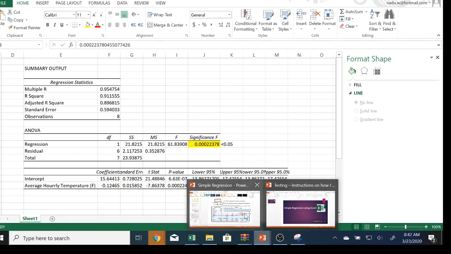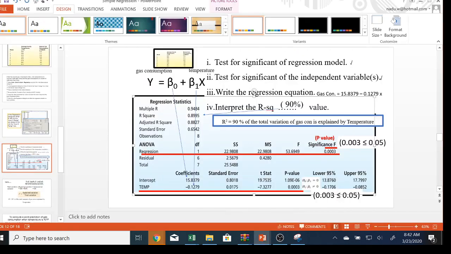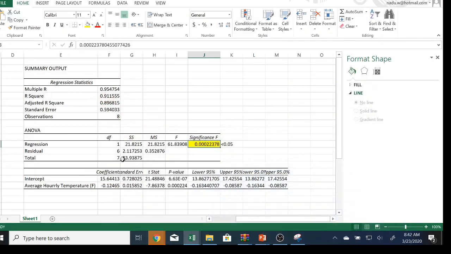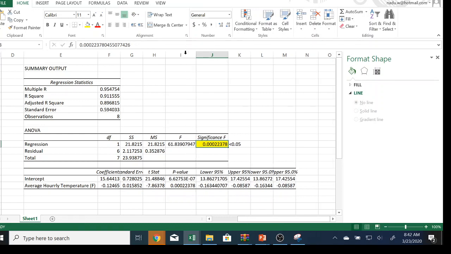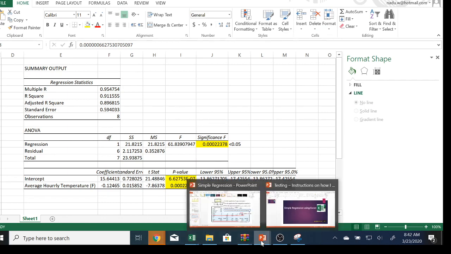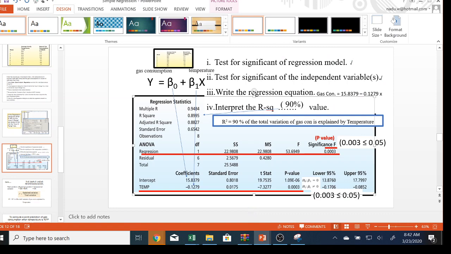Then we are going to test for the significance of the independent variables. Here we look at the significance of the independent variable and the intercept.